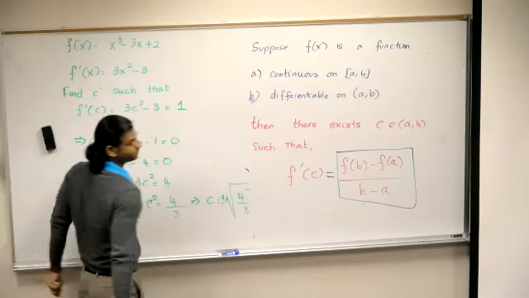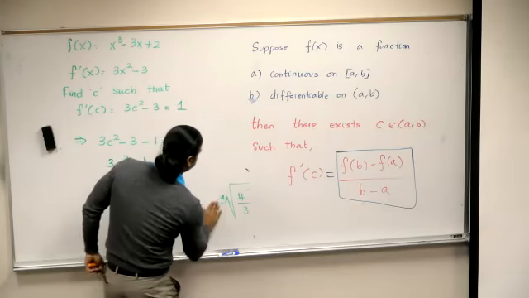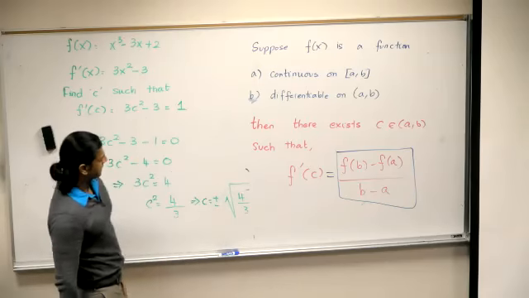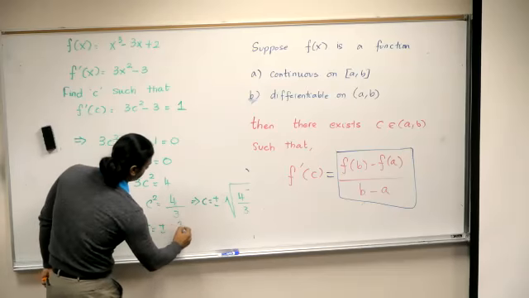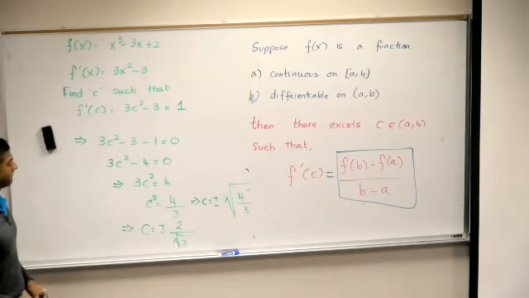Why plus or minus? Square root. We can split the radical. You'd have plus or minus 2 divided by square root of 3.